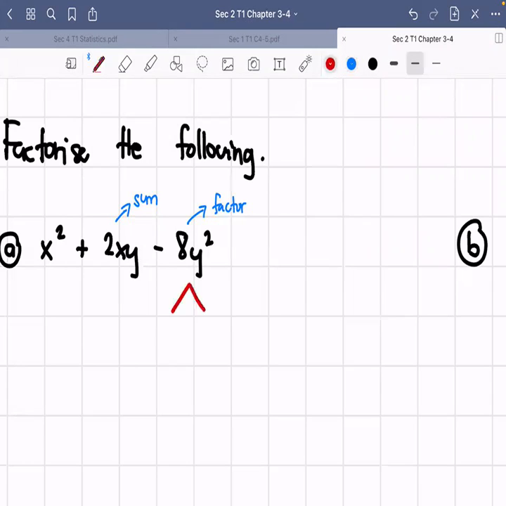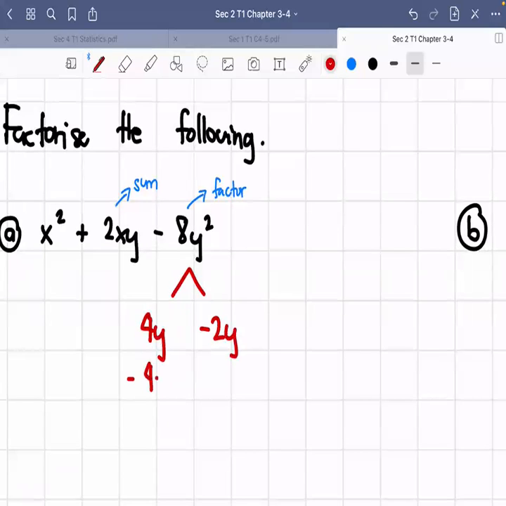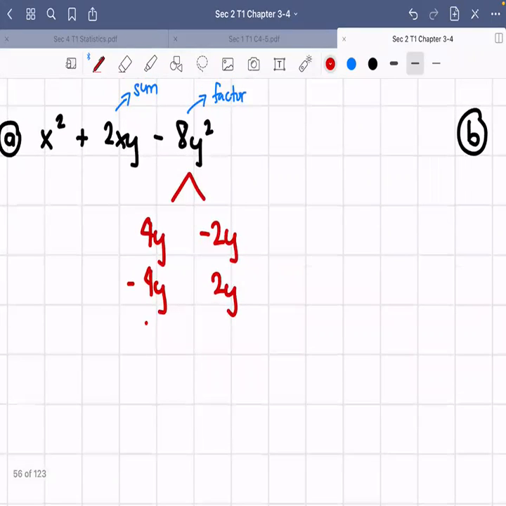By the way, this has y squared. That means you don't only factor the numbers, you put y at the end. So it's like 4y and then -2y, or it can be -4y and then 2y, or it can also be 8y and then just y, and then -8y and y.